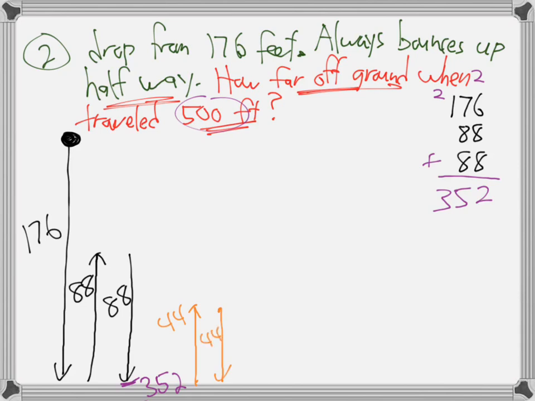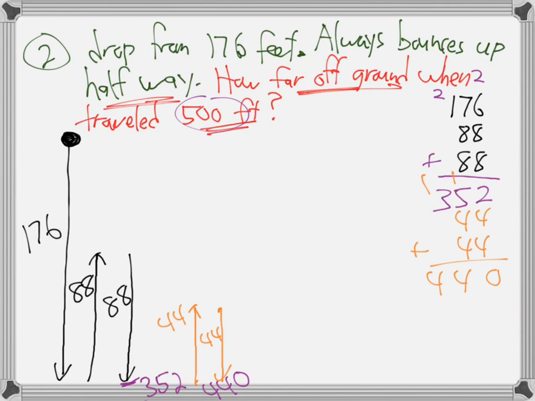So I'm going to add 44 and 44. 440. It's traveled 440 feet. So let me write that in there. At that moment, it's traveled 440 feet. We're looking for the magic 500 moment.